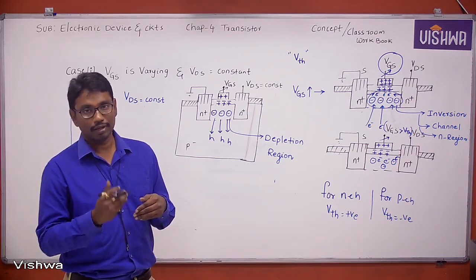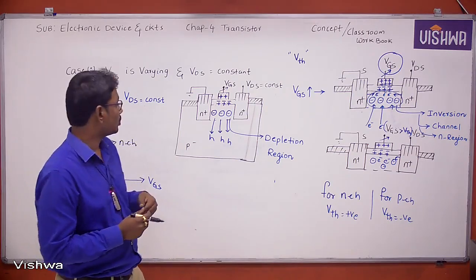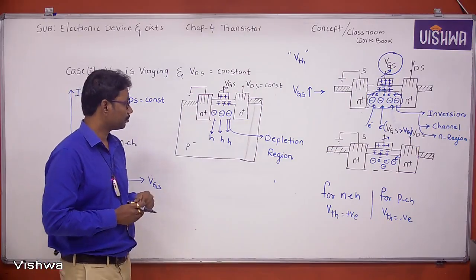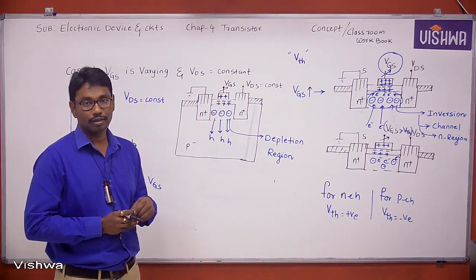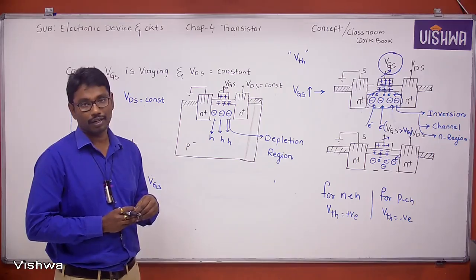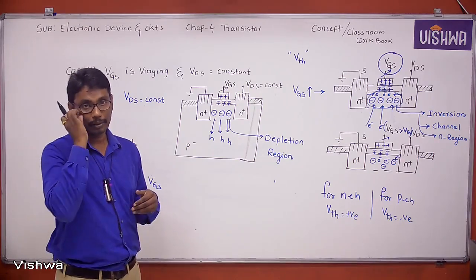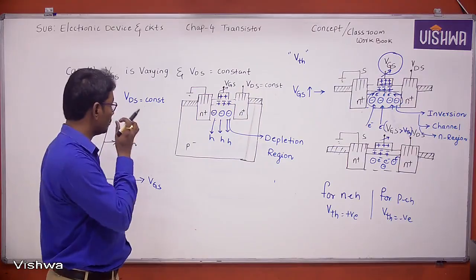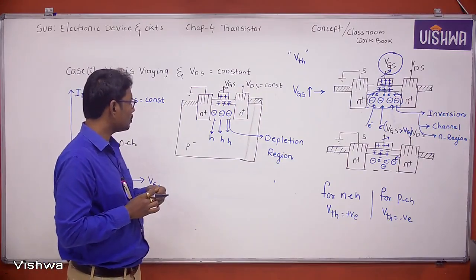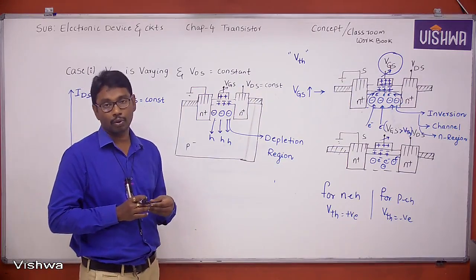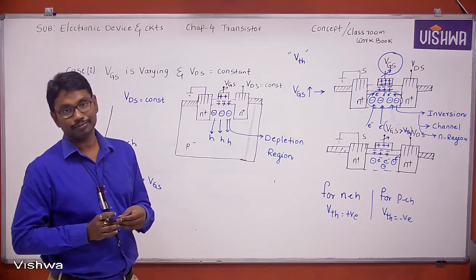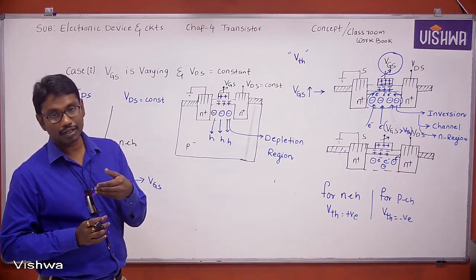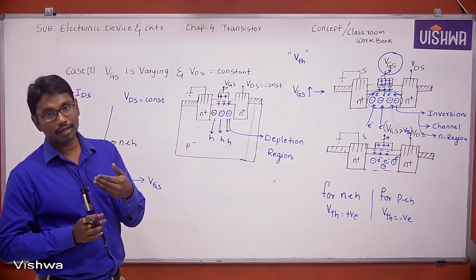Next point. The positive charge within an oxide layer can repel the holes between the region source and drain.